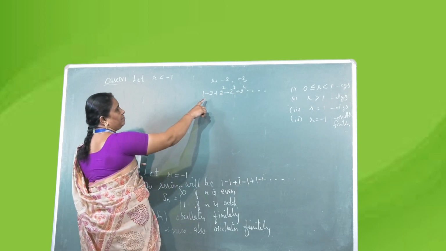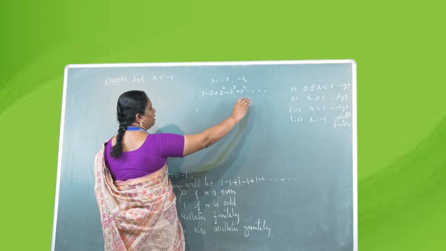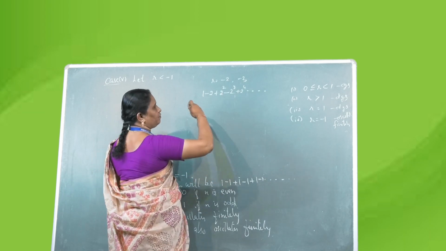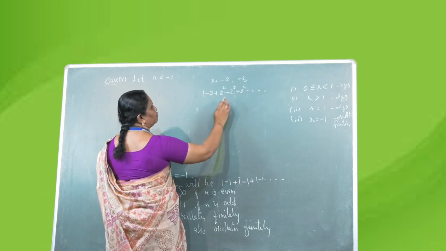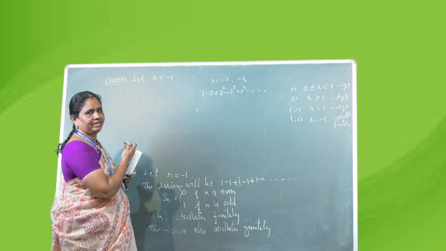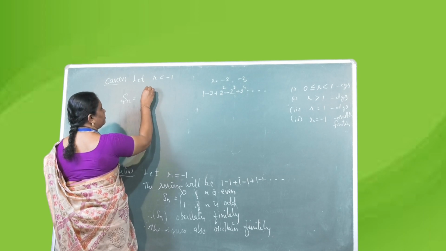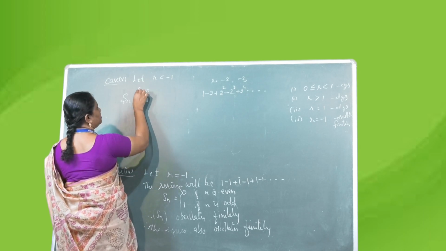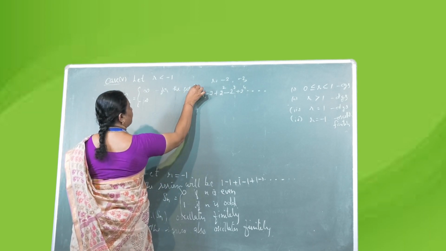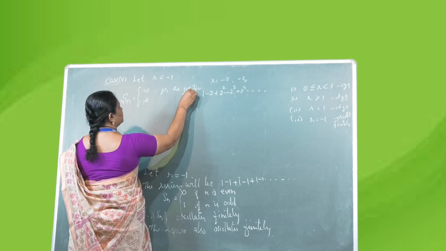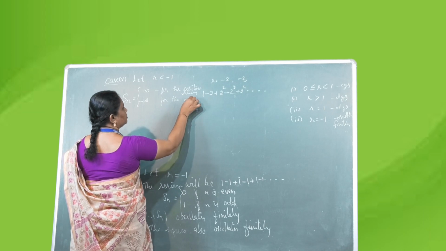So we have both positive values and negative values, alternate values. So the positive values increase: 1, 2 squared, 2 to the power 4, they increase, and it diverges to plus infinity, and the negative values diverge to minus infinity. Therefore Sn diverges to plus infinity for the positive values, and it diverges to minus infinity for the negative values.